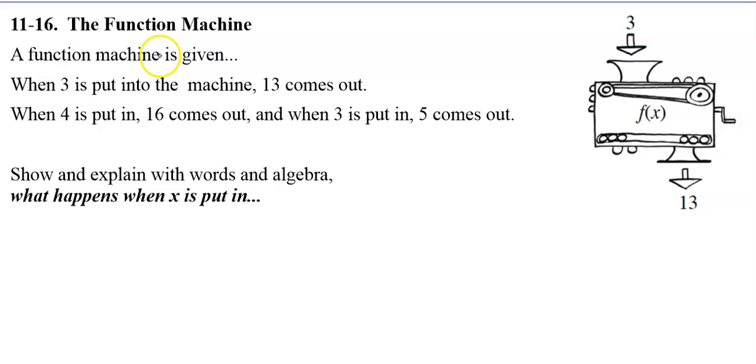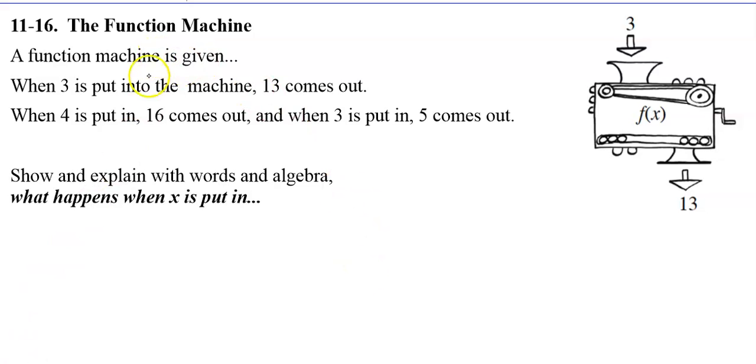So we have a function machine. Here's a function machine, and when 3 is put into the machine, 13 comes out. When 4 is put in, 16 comes out. And this is actually supposed to be a -3. So when -3 is put in, -5 comes out.